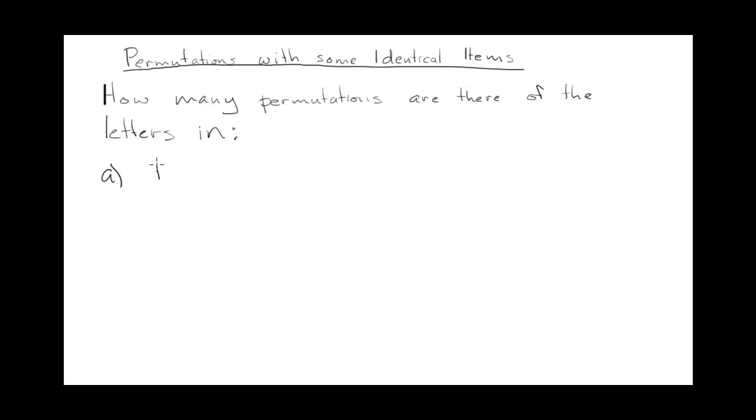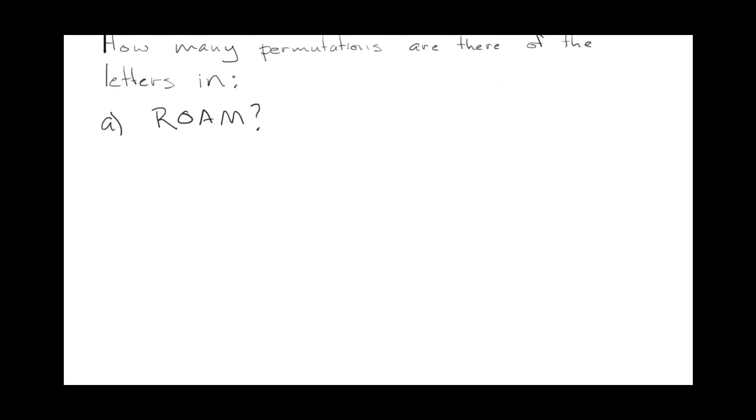So A, the word will be Rome. So it's 4 objects. We're arranging all 4 of them. So hopefully you recognize this as P(4, 4), and we're arranging 4. So that's just equal to 4 factorial, which is equal to 24.